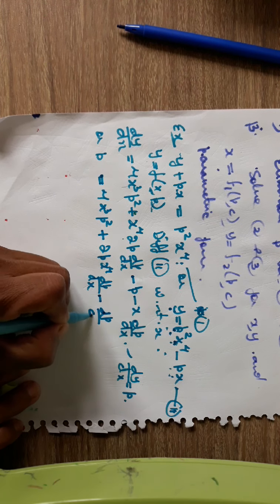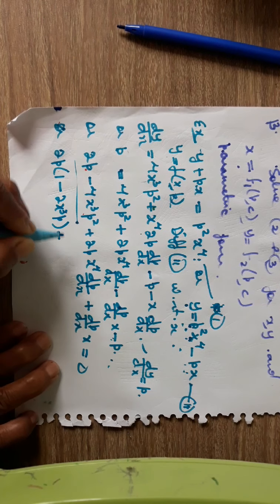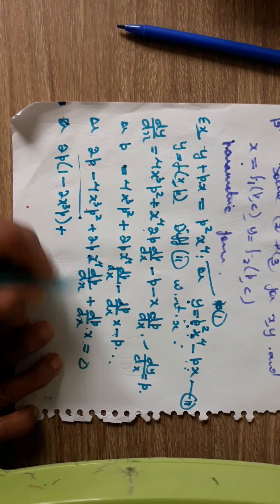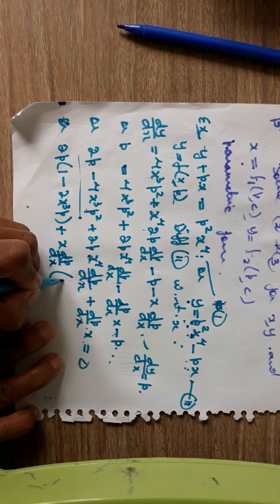Now from this, take p common, so you have 2p(1 − 2x³p) plus x dp/dx, which is also common, so I can take x dp/dx into 2p.